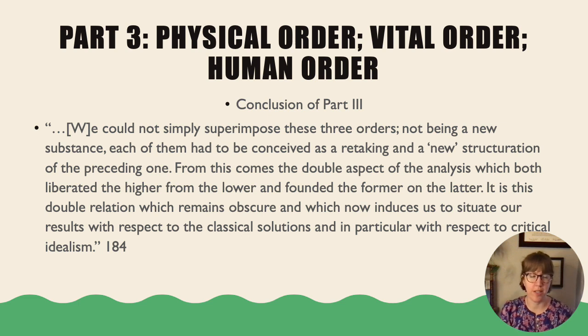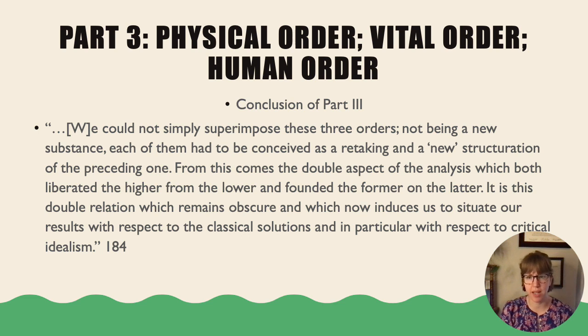So I won't really go into what's going to come next. I'm going to wait until next time. But he says there's this ambiguity, this double relation between the higher and the lower. He wants to talk about how these higher orders relate to the lower ones. He's going to talk about the idea of body and soul in part 4.